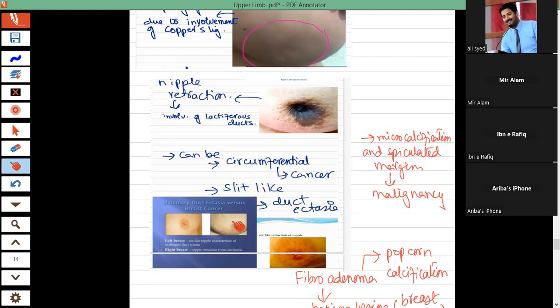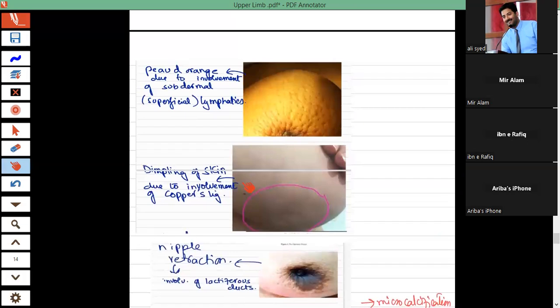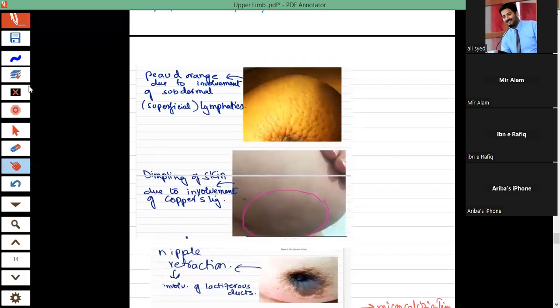If it is a slit-like retraction, it is a patient of duct ectasia. If it is circumferential, then it is a patient of cancer. So these are your important points in relation to the breast. I hope it is clear to all of you. Clear to everyone?